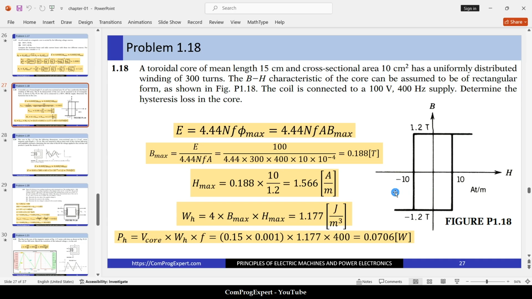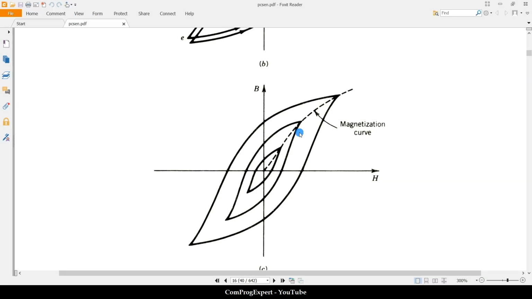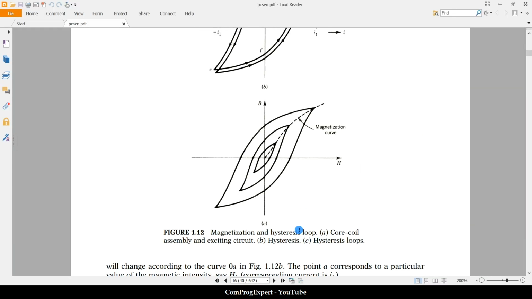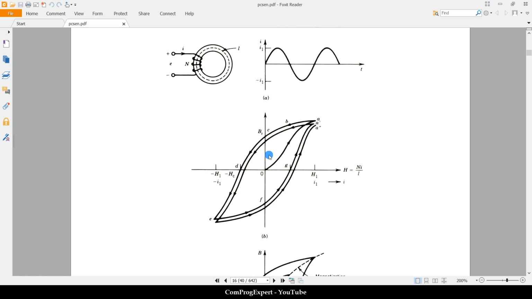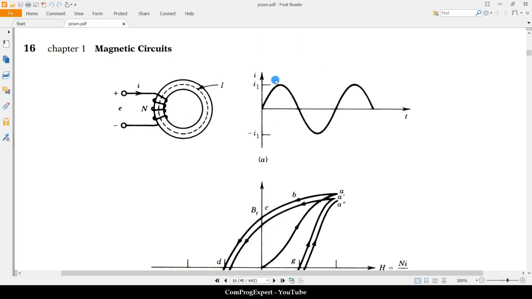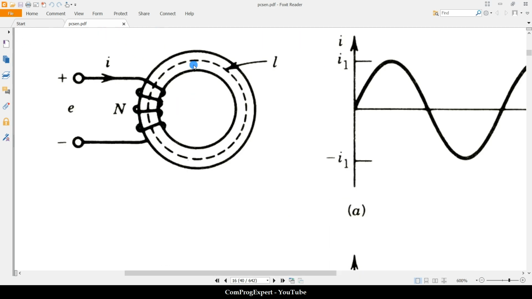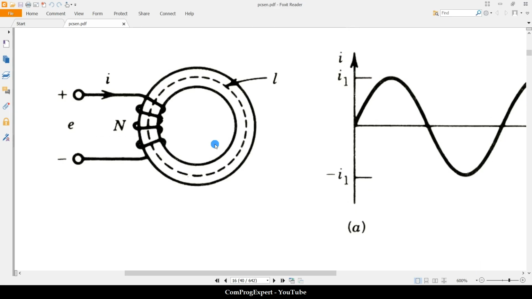So what is the hysteresis loop in our case here, considering these numbers? You know, we had this figure in the reference when we have this coil core system, and when we have this excitation, suppose we fed this coil using a sinusoidal current.